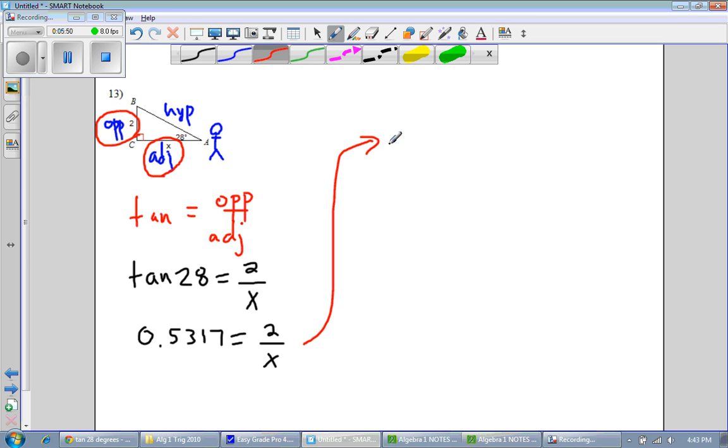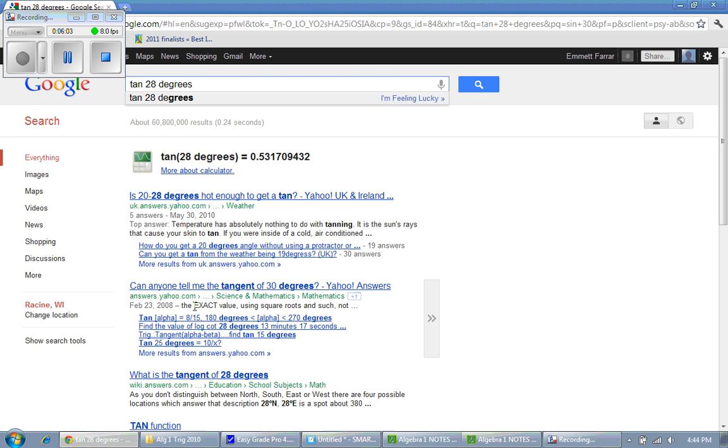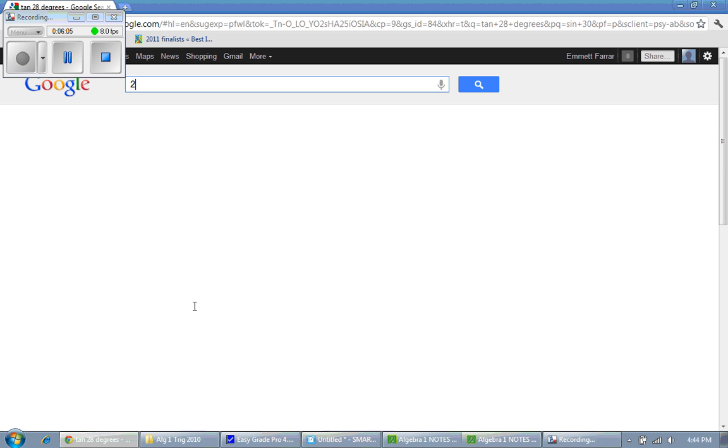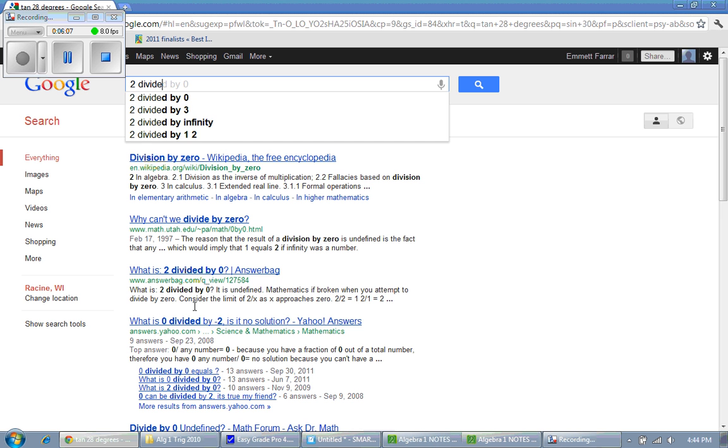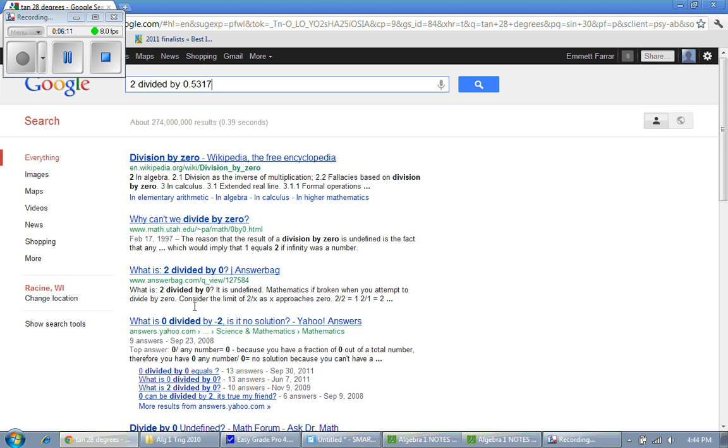So we can just jump up here. It's going to be 2 over 0.5317. We ask our calculator, 2 divided by 0.5317, and we'll have our answer. I wonder if Google will use a calculator for me. 2 divided by 0.5317.